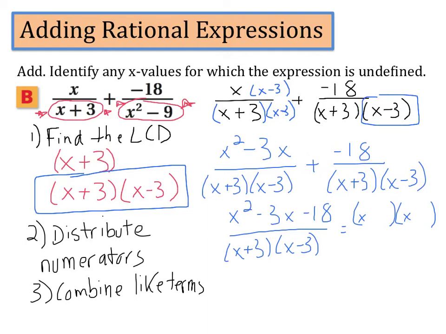So 6 and 3 would give me 18, and 6 and 3 would also give me 3. I have to make sure this term is negative and this term is positive, and then I have x plus 3, x minus 3 in my denominator. I know I can simplify by eliminating the x plus 3's, and my final rational expression is x minus 6 divided by x minus 3.